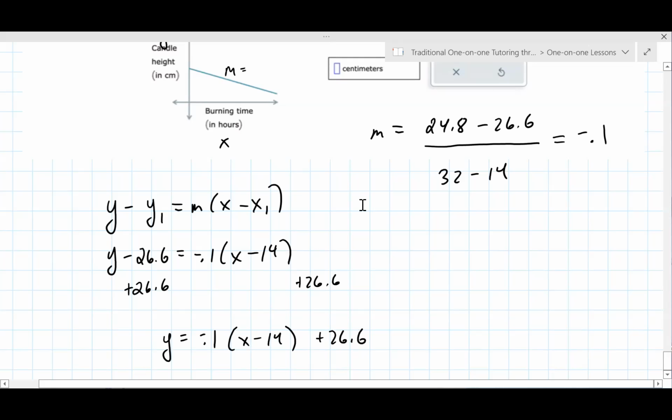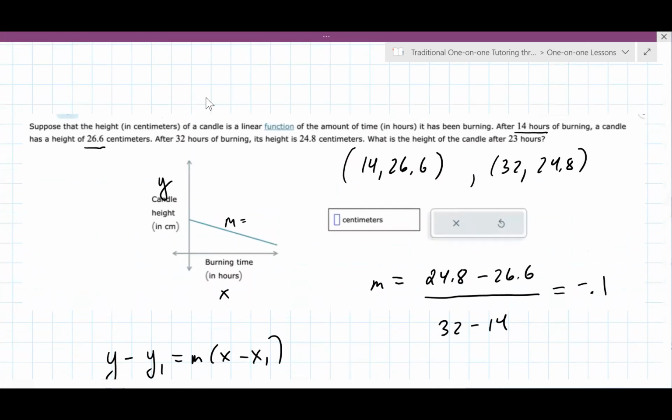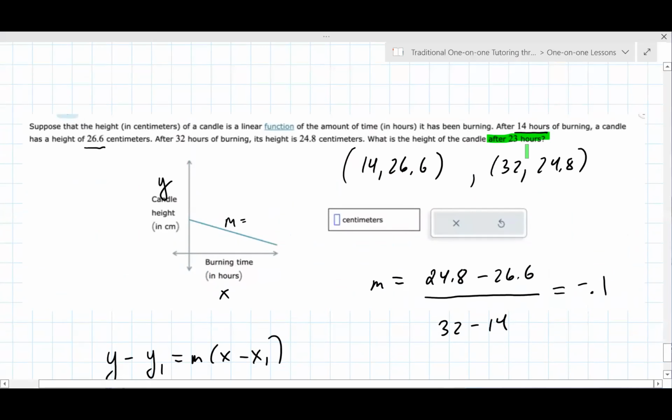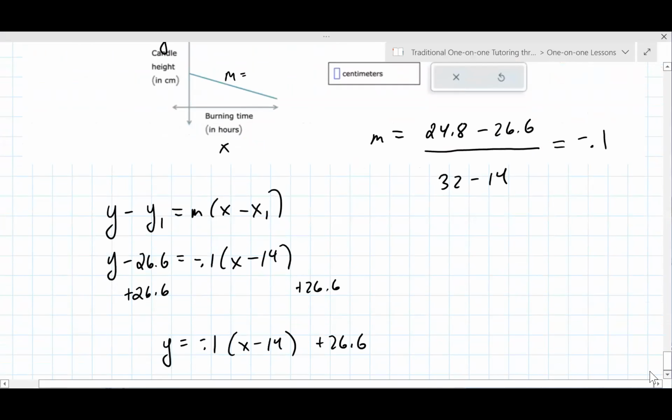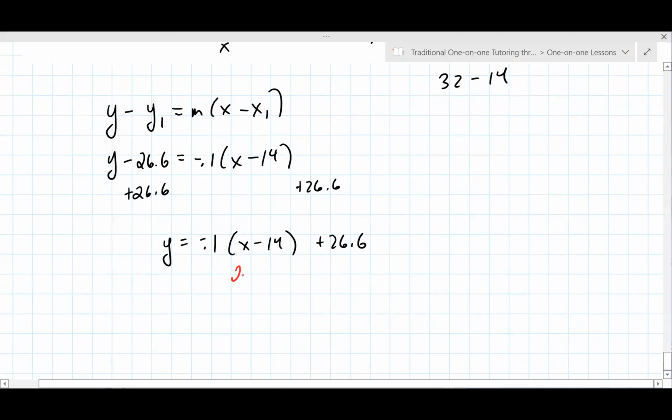So now go back to what it's even asking. It's the height of the candle after 23 hours. So that is your x value. You put that in down here. Go back to your calculator now. Because it's a candle, we would assume it would go down in height.